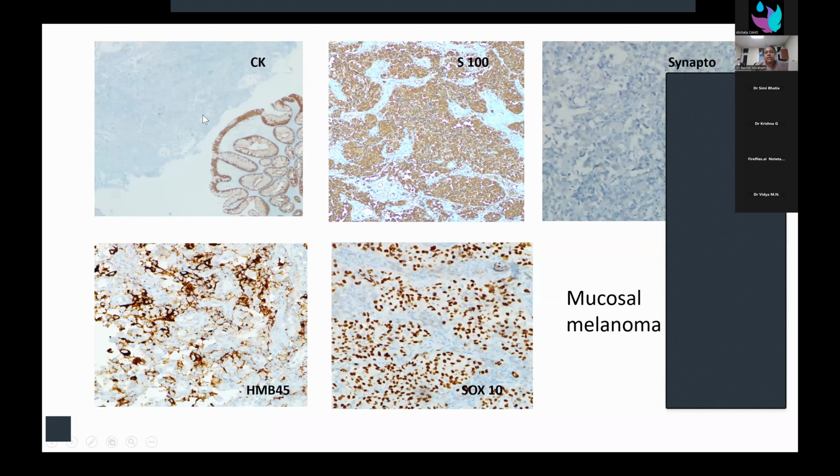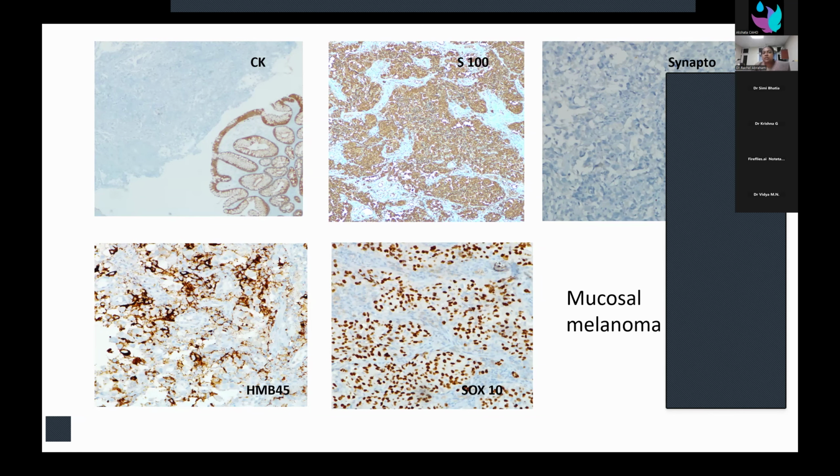The tumor was negative for cytokeratin, negative for the neuroendocrine marker synaptophysin, but beautifully positive for the melanoma markers. S100 showed strong cytoplasmic positivity. HMB45, though patchy, showed a strong membrane positivity, and SOX10 showed a very strong and diffuse nuclear positivity. So it was a case of a mucosal melanoma.